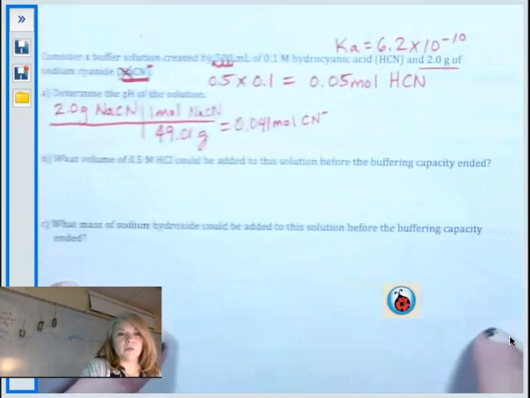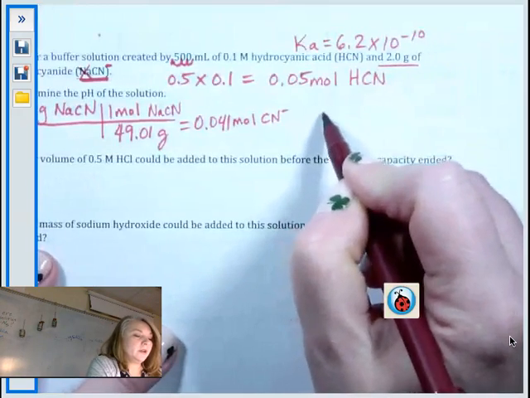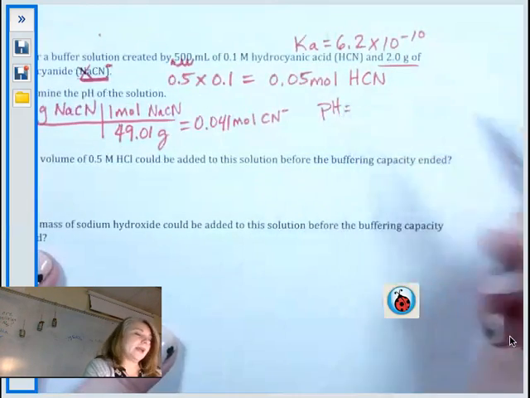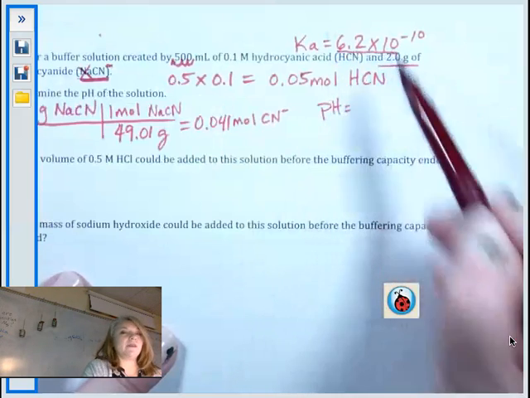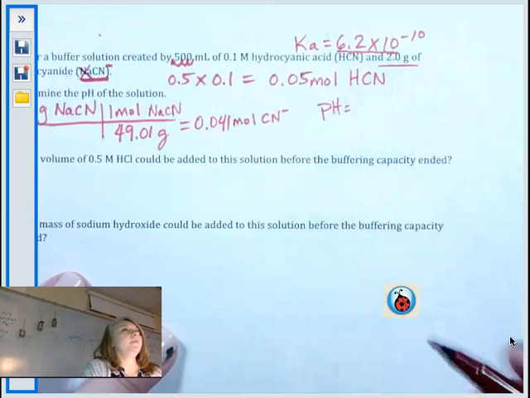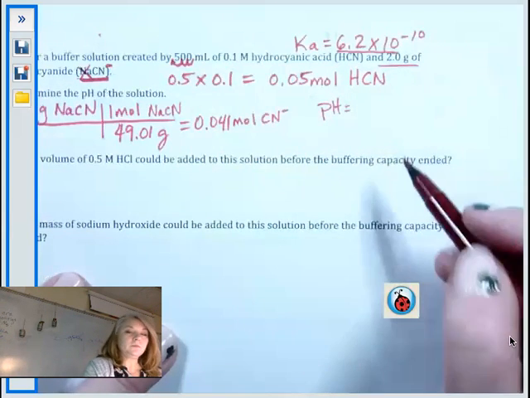Okay, so now we're calculating pH. So let's use our Henderson-Hasselbalch equation. pH is equal to the pKa. So I want you guys to go ahead and take the negative log of the Ka value real quickly.